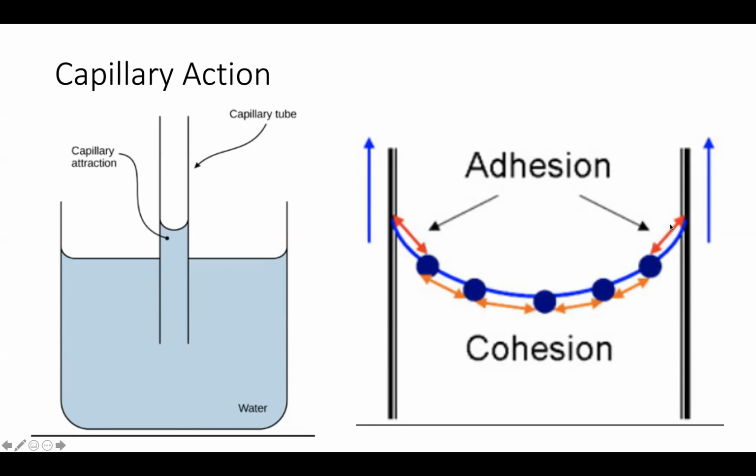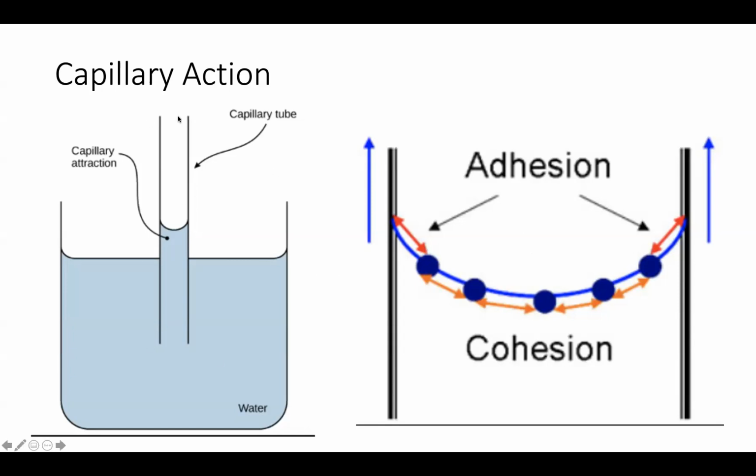And then if you look here, these red arrows indicate adhesive properties, adhesion, where water is sticking to other substances. So this water molecule is starting to adhere to the sides of this beaker or cylinder, and this is representative of adhesion.